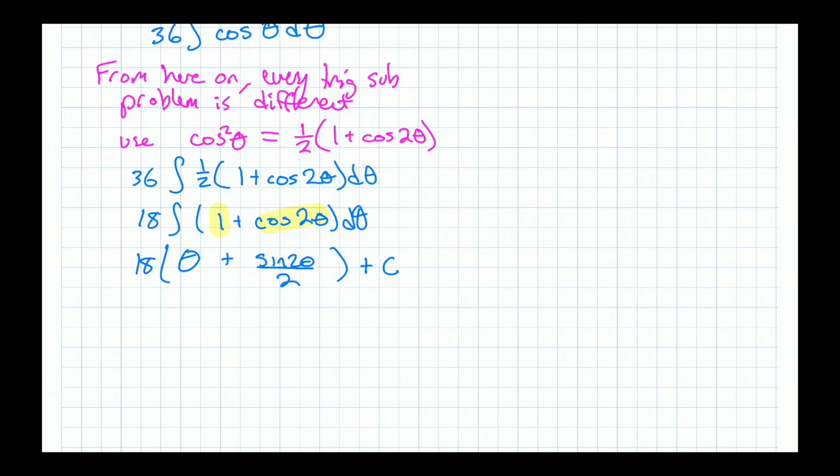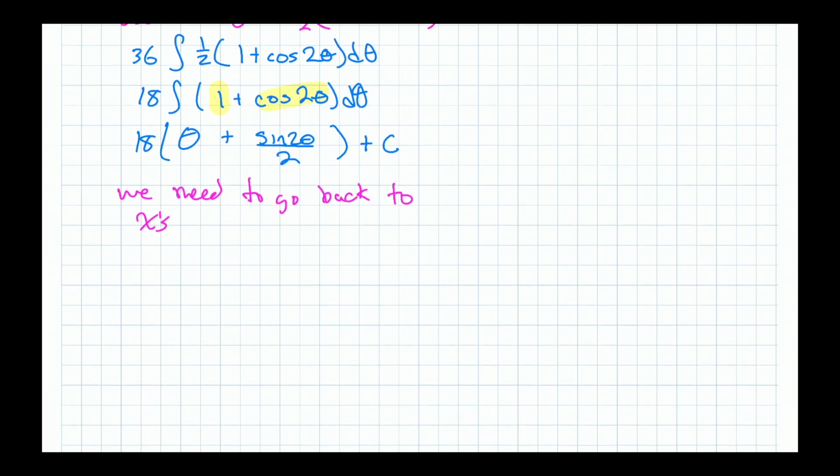All right, well, there's a problem here. If we were just trying to integrate this, we would be essentially done, but we have to go back to the original variable, back to x's. There's a problem that you don't even know is a problem.